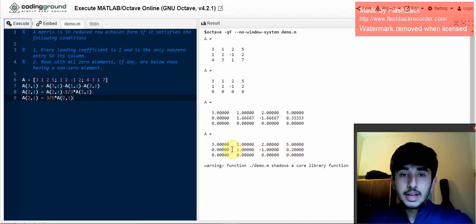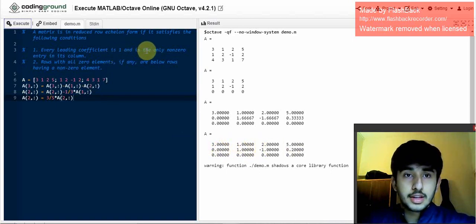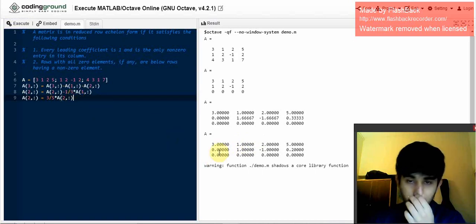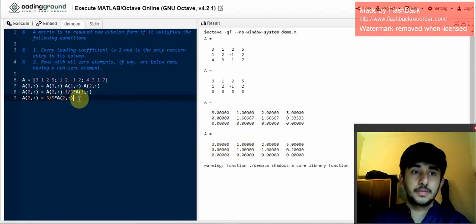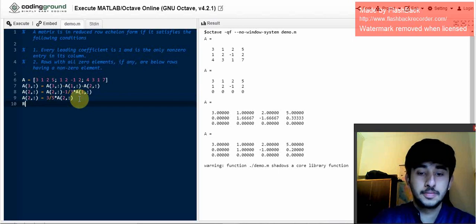So now this has become the leading non-zero entry of the second row, but it does not satisfy the fact that it's the only non-zero entry in this column, because as you can see, there is this 1 in the first row. So we have to make that into a 0, and we'll use this row itself to do it. We'll say row 1 is equal to, oh wow, where did I write R?